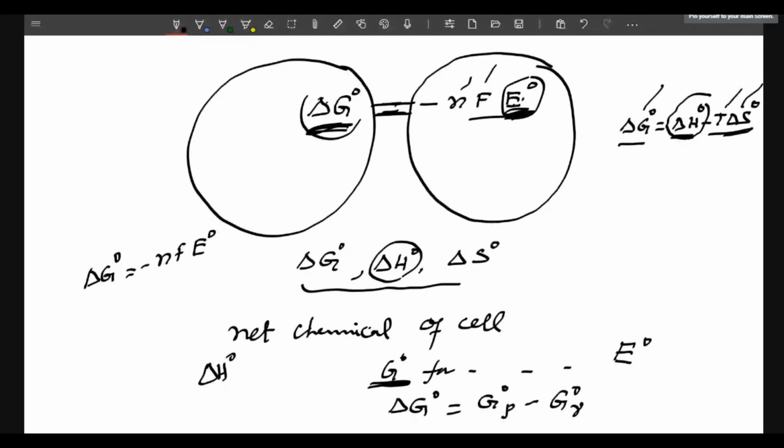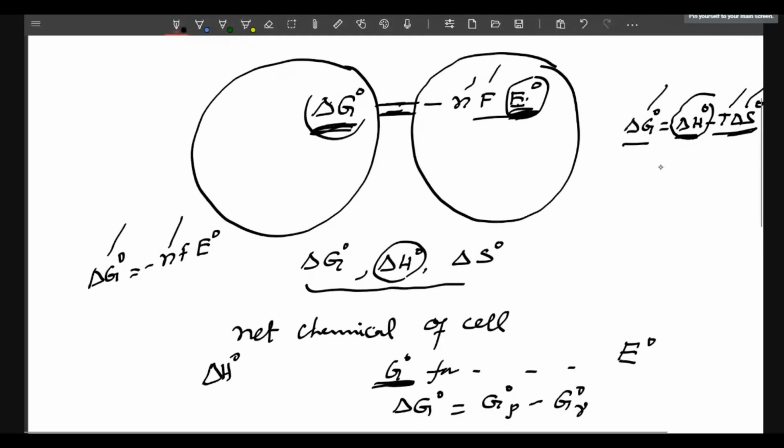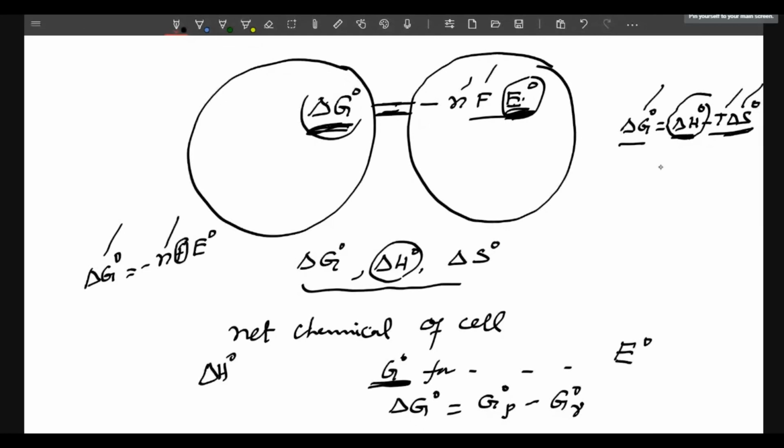This is an unknown parameter. n, depending upon the net chemical reaction, may change. F, the Faraday of electricity, is a constant, therefore they won't ask this in a question. And E naught is the standard EMF of the cell. Depending upon delta G and n, the value is going to change.